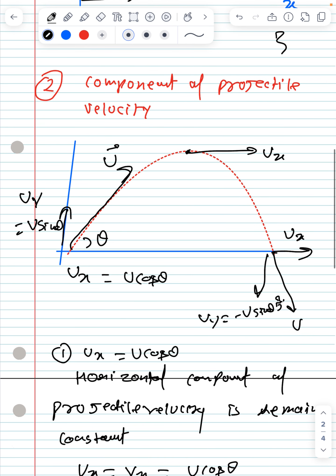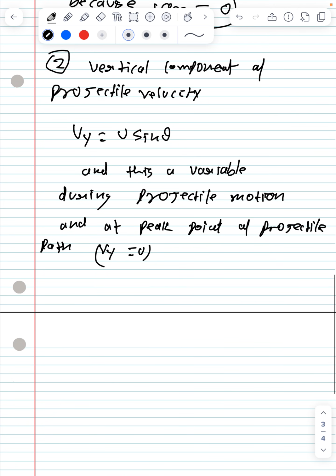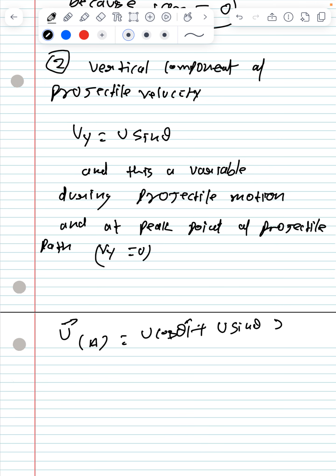And if we divide the components at each point like this, only the horizontal component of projectile velocity, and at this point the component of projectile velocity u, and here u x equal to u cos theta, and here u y equal to minus u sin theta j cap, right.